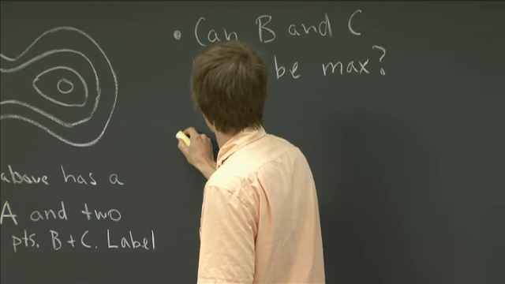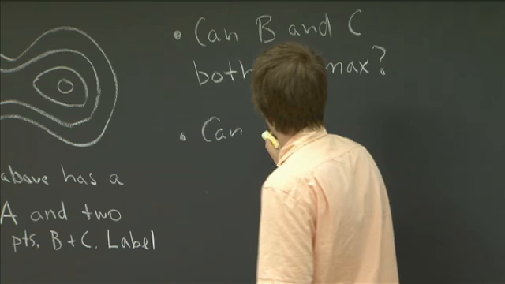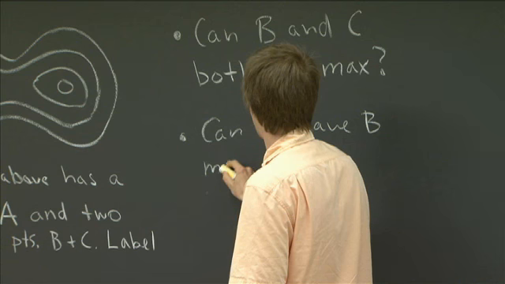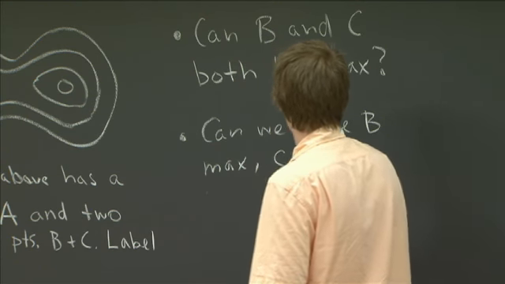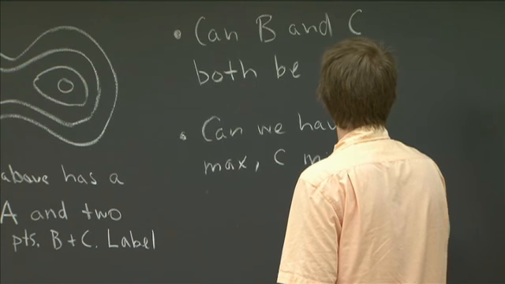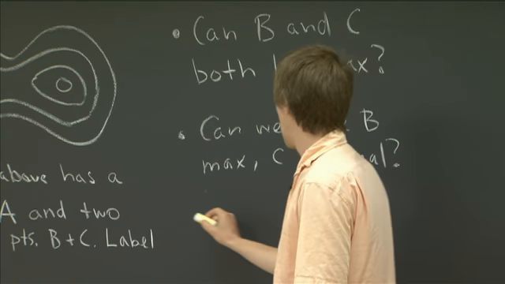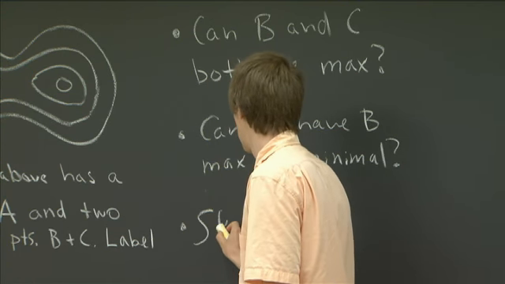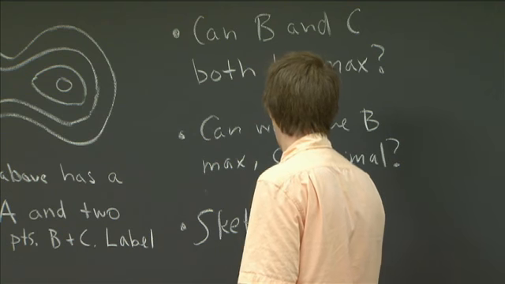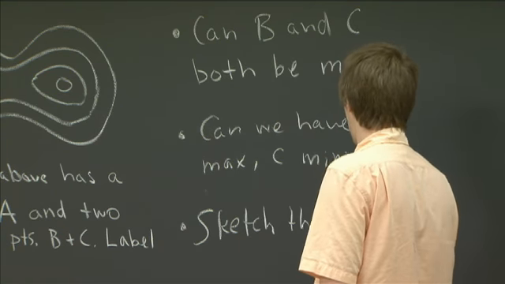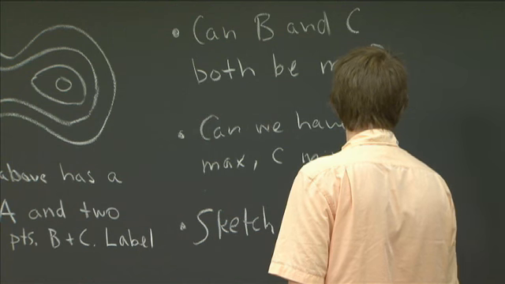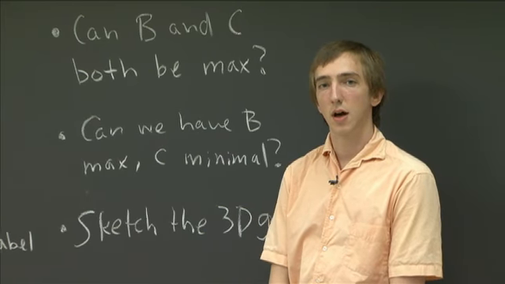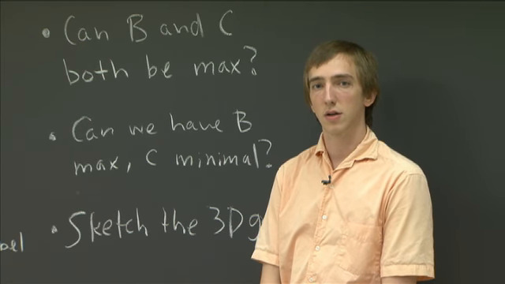And can we have B maximal but C minimal? And then in each of these 2 cases, we want to sketch the 3D graph. So why don't you take some time to work this out, pause the video, and we'll check back and I'll show you how I solved this.